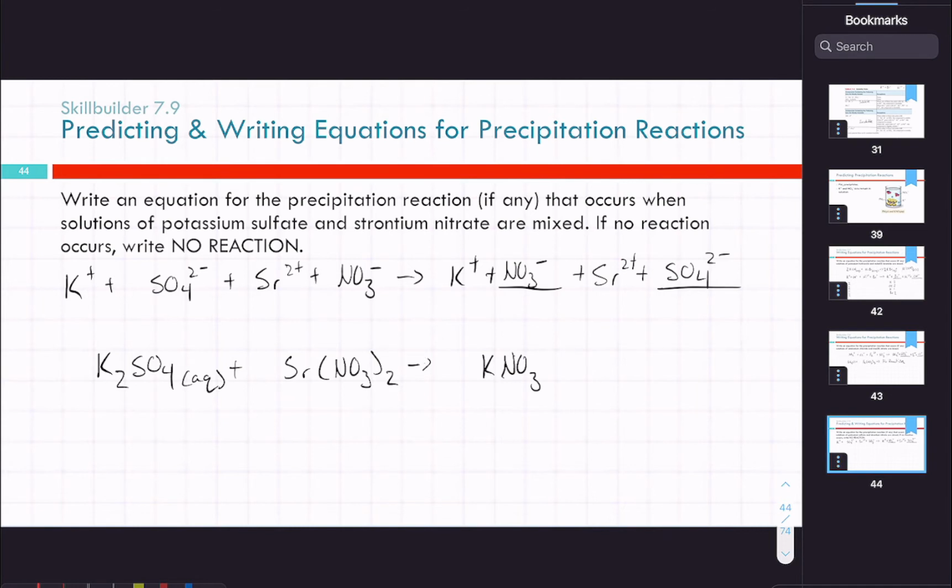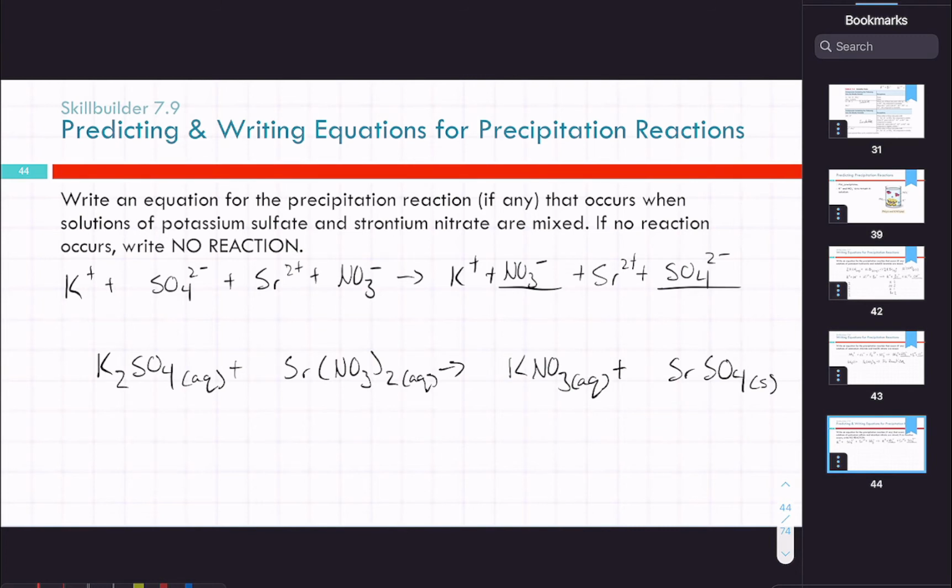Aqueous. This is aqueous. And then strontium.